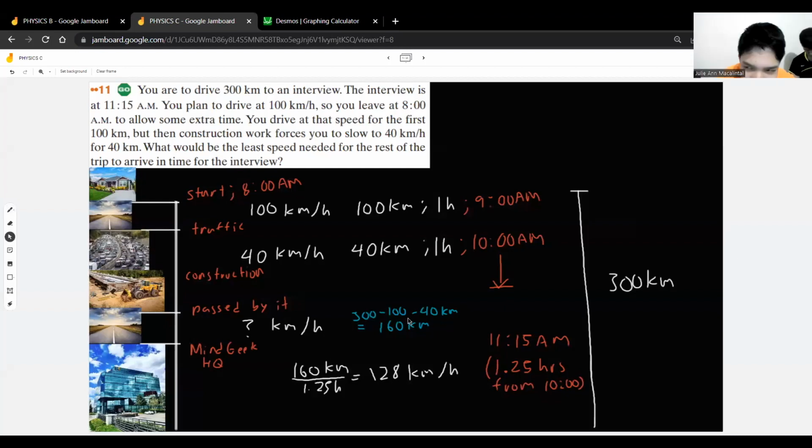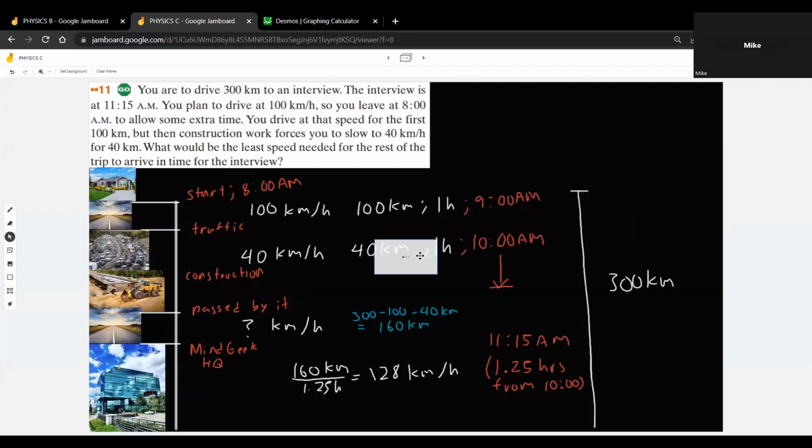Ano po? So 160 and divide by 1.25, so 128 kilometers per hour.